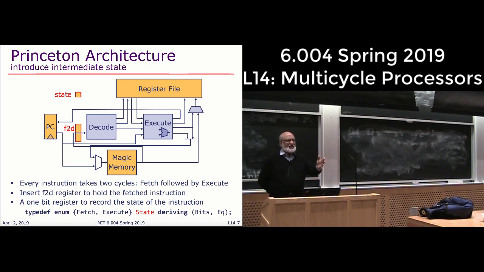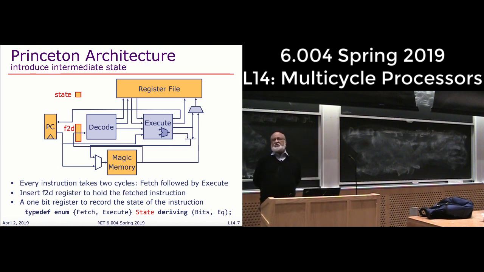So after fetch stage, I'll put it back into the execute stage. After execute stage, I'll put it back into the fetch state. Is this point clear to everyone? Right? Two cycles. First one is being called fetch. The next one is being called execute. Right? And your instruction will come, start in the fetch stage, go to the execute stage, done. Then we go to the fetch stage again for the next instruction and execute it and so on.